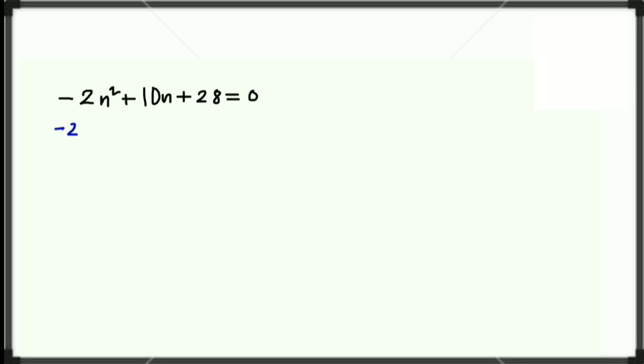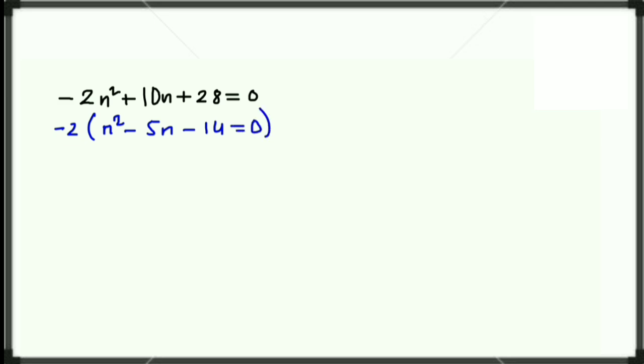After taking minus 2 as common, here remains n square minus 5n (minus 2 5s are 10n) again minus 14 (minus 2 14s are 28) equal to 0.